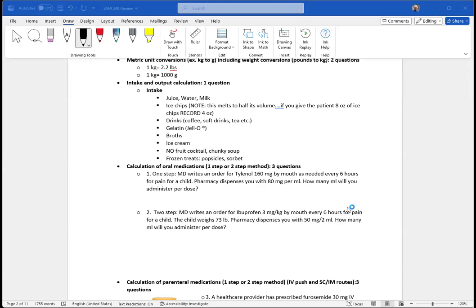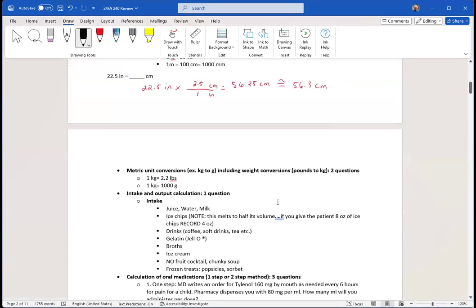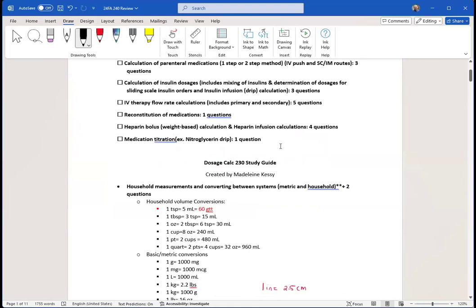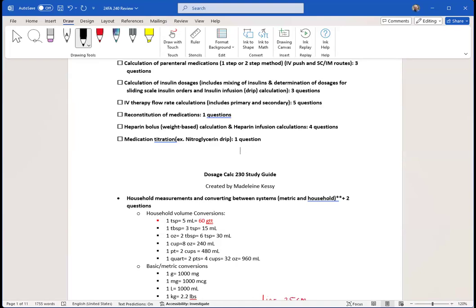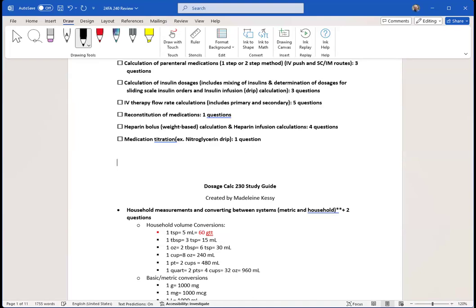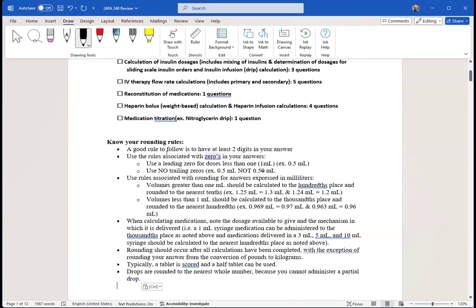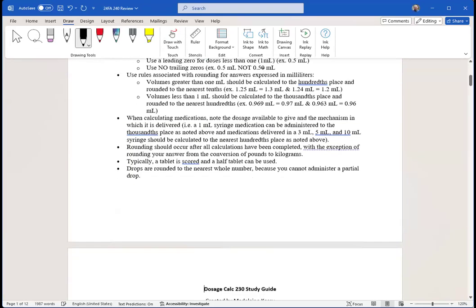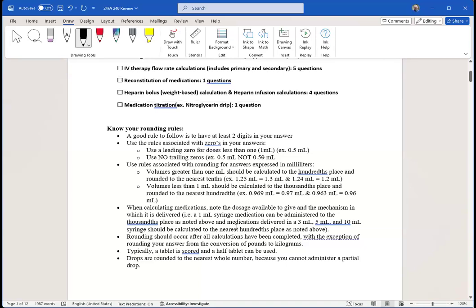So the rounding rules are stated in your blueprint. When you are doing your blueprint, it is supposed to be listed there for you. But I did write these out for my Allegheny reviews. If you're looking for them, you can pull up my Allegheny reviews.